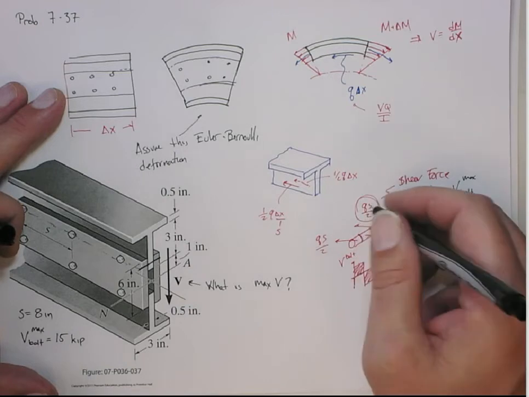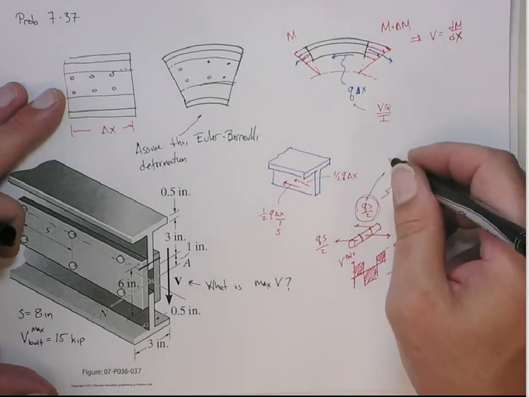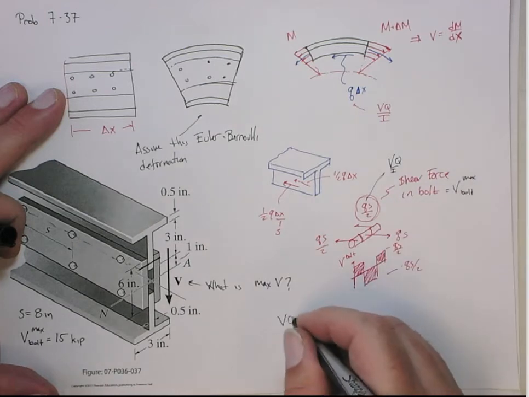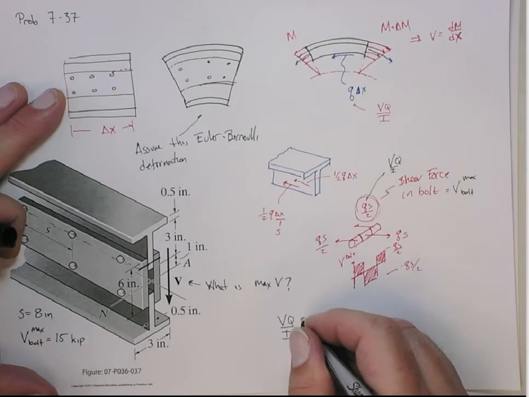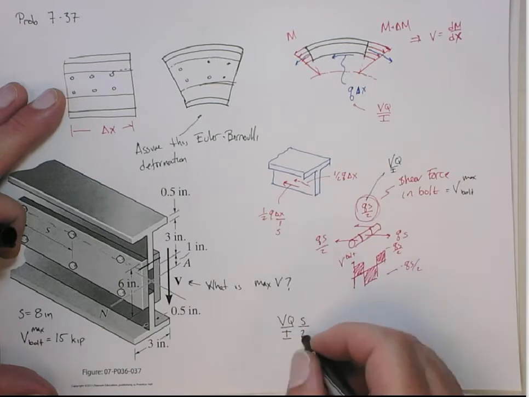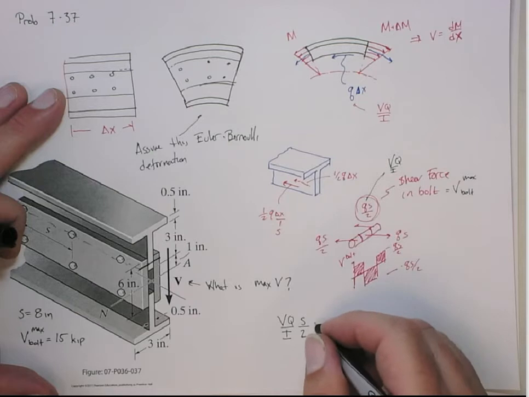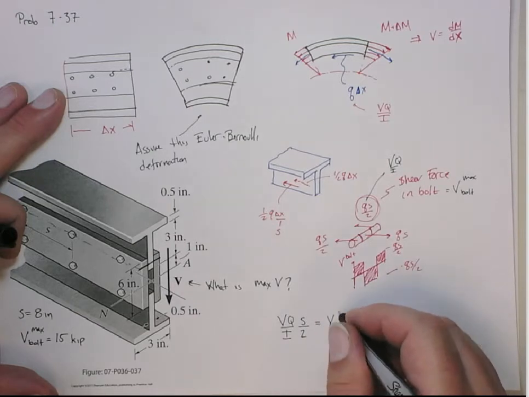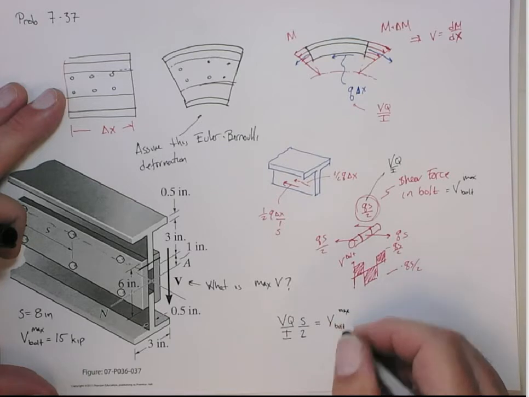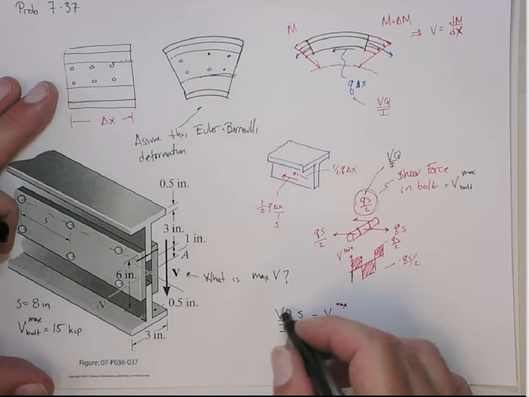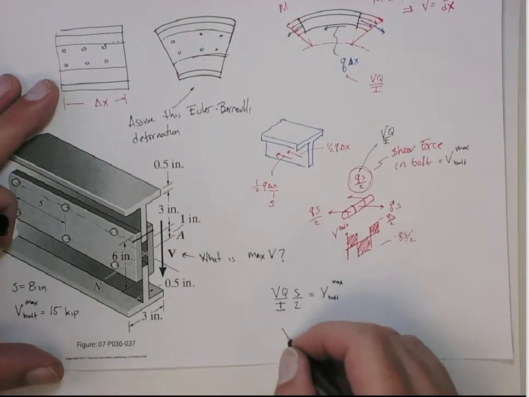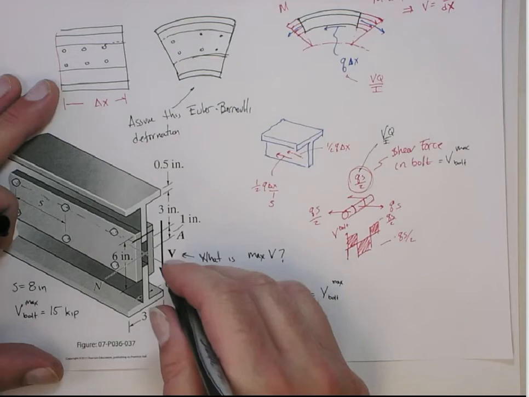Now I know the Q shear flow is the VQ on I. So now I have VQ on I times S over 2, just substituting in for Q, has to equal the allowable shear force in the bolt. Now we can rearrange this and get V.